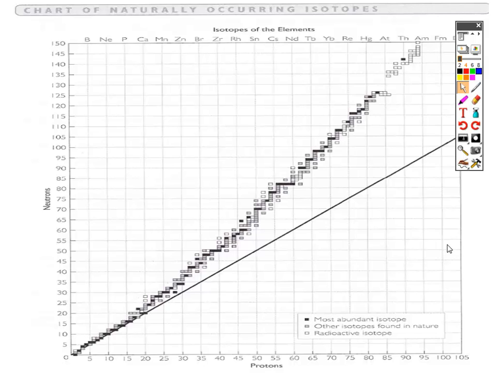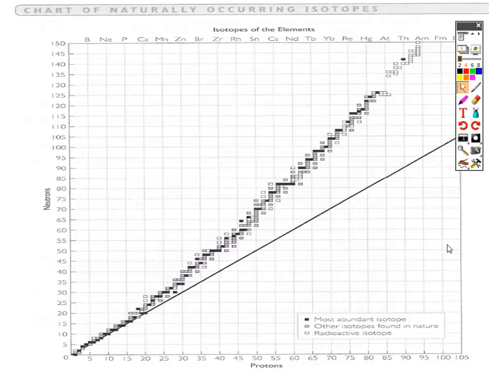This is a big diagram. I know it seems crazy, but it's just a bigger version of the one we talked about. What has to happen to the number of neutrons as we go up and get the bigger atoms? Yeah, we have to increase more and more. When we're small, up to 20, you only need 1 neutron for every proton.